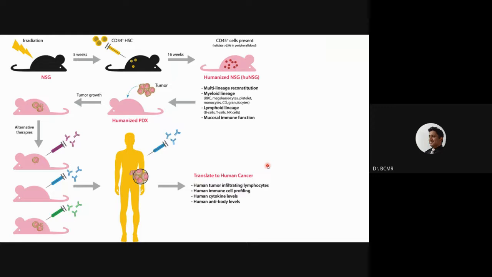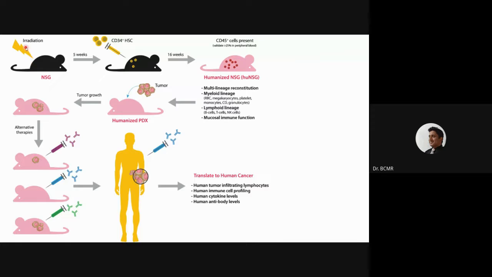Here we'll see how these humanized mice can be useful. This is the NSG mouse, which is NOD SCID gamma deficient, severely deficient in immune system.